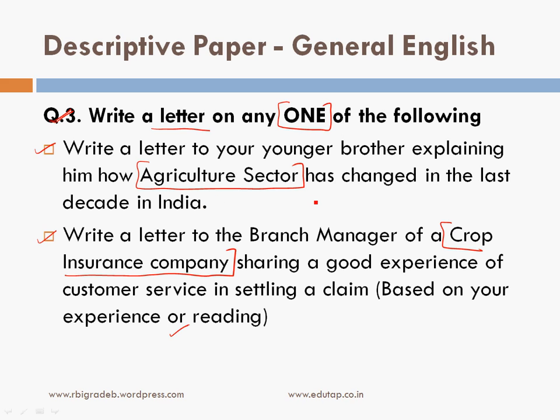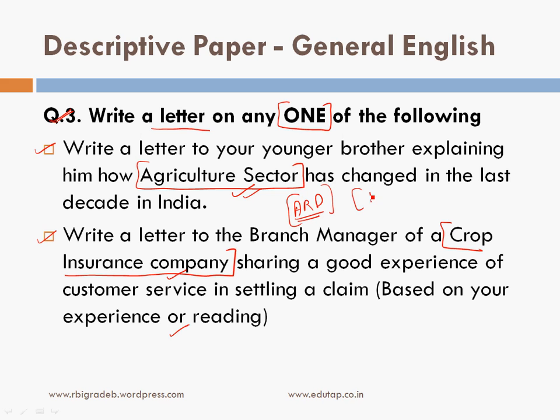Both these topics are related to agriculture and rural development. Agriculture sector is directly related to agriculture, and a crop insurance company is again related to agriculture. One of the letters has to be written, and the topics have been chosen from agriculture and rural development.